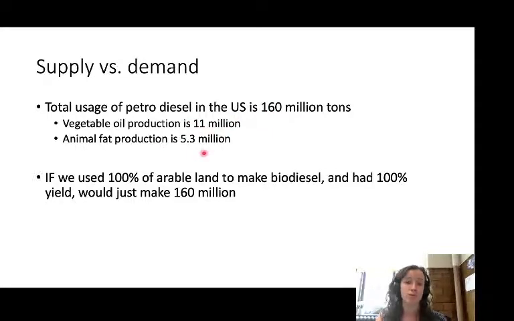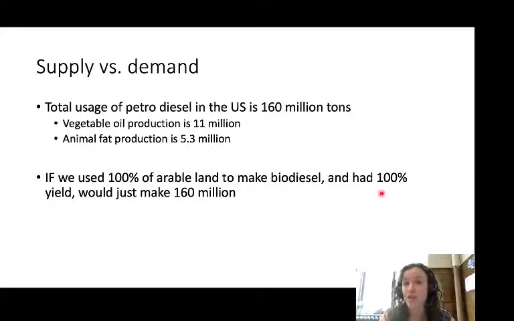And if we were to use an alternate source of triglycerides, such as animal fats, we really don't make that much of that as well. If we combined this, and if we used every single square mile of land in the US to make biodiesel, which is not very likely because I think you and I have to eat food, right?